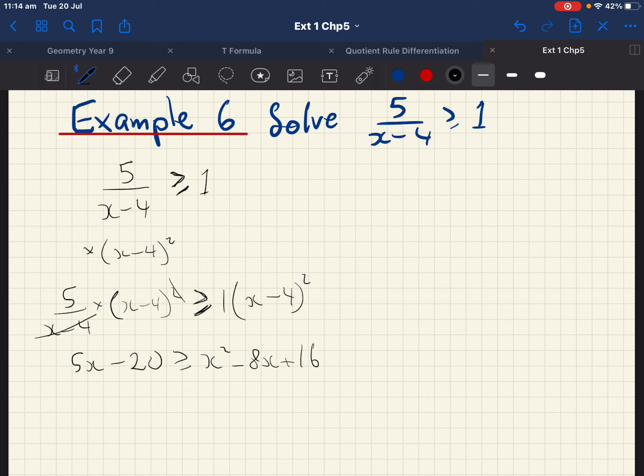I'm going to move everything across to this side over here, just because I want that x squared to be positive, to be honest. All right, that 5x coming across would make it a minus 13x. That minus 20 coming across will be 16 plus 20. And I'm now going to rewrite it in the normal way we're used to seeing it. I can just reverse these here.